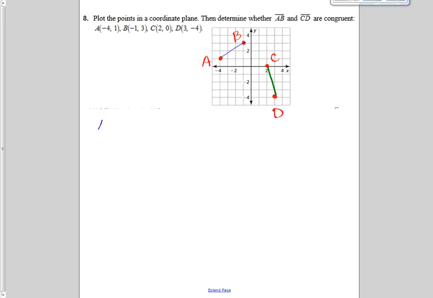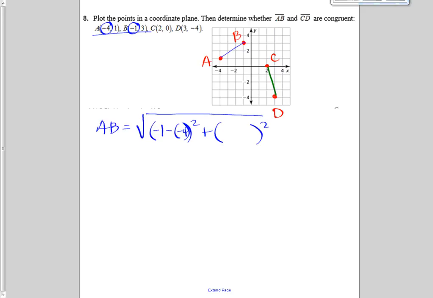So if I find AB, I'm just going to plug that into the distance formula. So using these points, here are my x values. So I can say it's going to be -1 minus a -4.